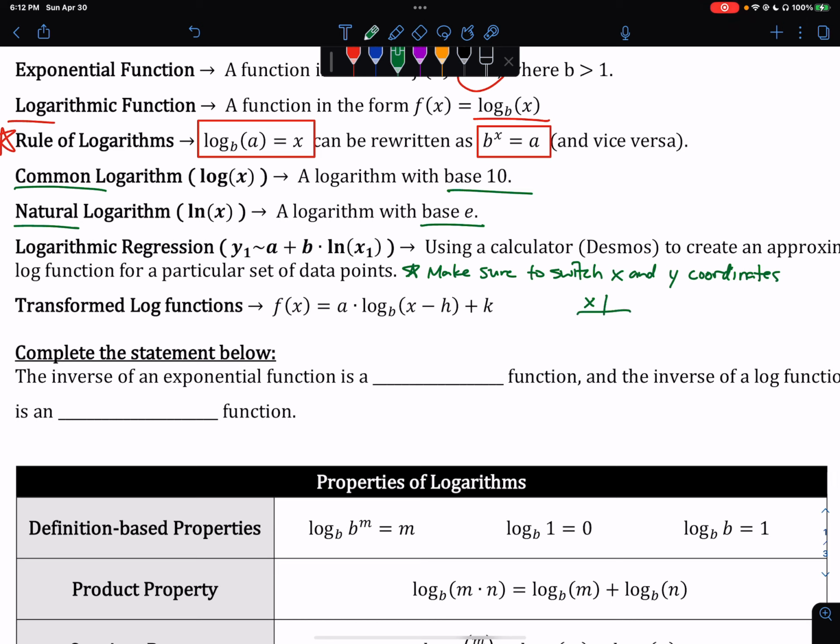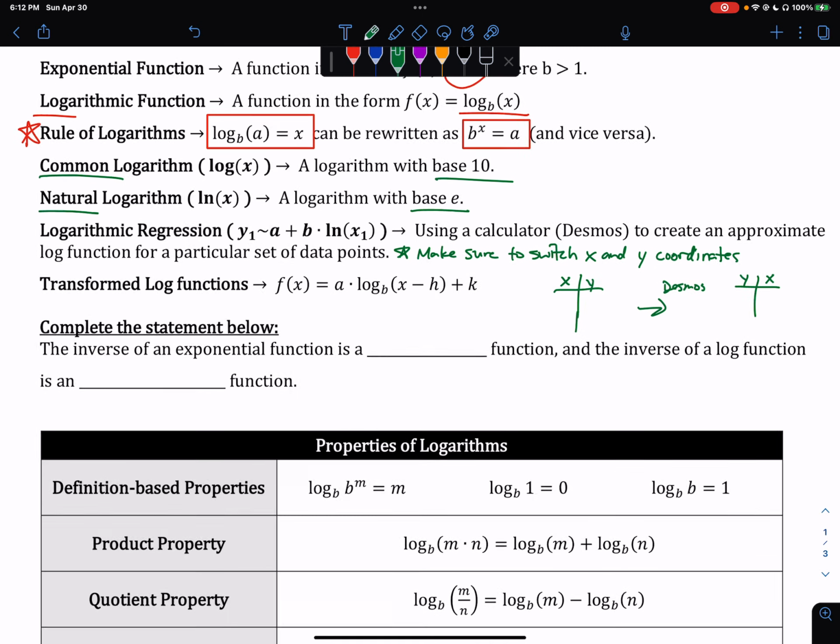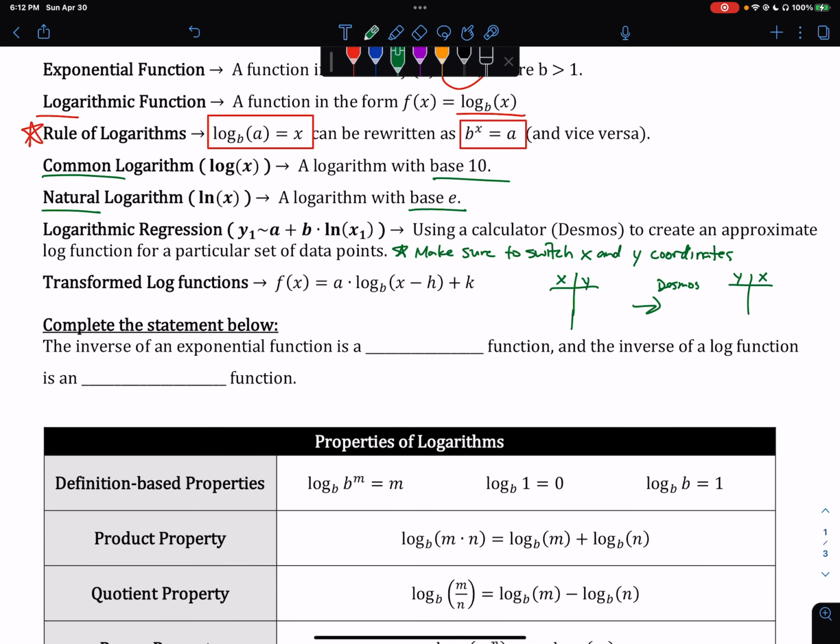So we'd have a table that looks like this, and we'd make sure in Desmos that we switch it around to look more like this. Just something to keep in mind that we did talk about earlier, but it's a big important part of log regression.